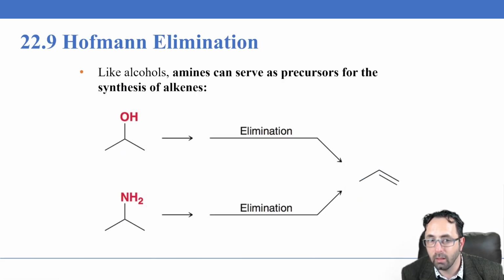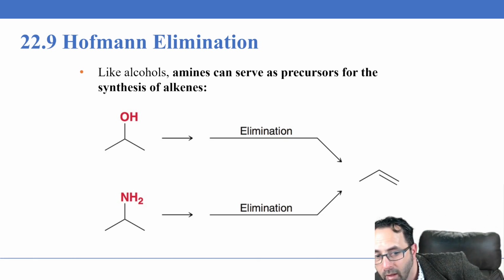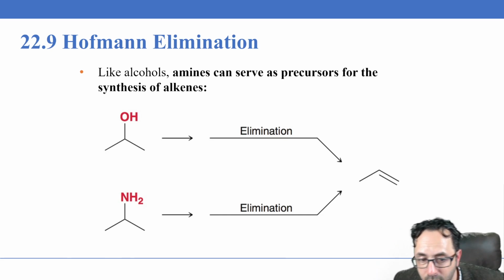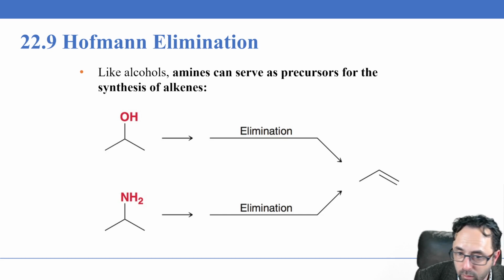Now, like alcohols, amines can serve as precursors for the synthesis of alkenes. We can do an elimination of these to produce an alkene, so we generally treat with some kind of a base here. Elimination, treat with a base, right?